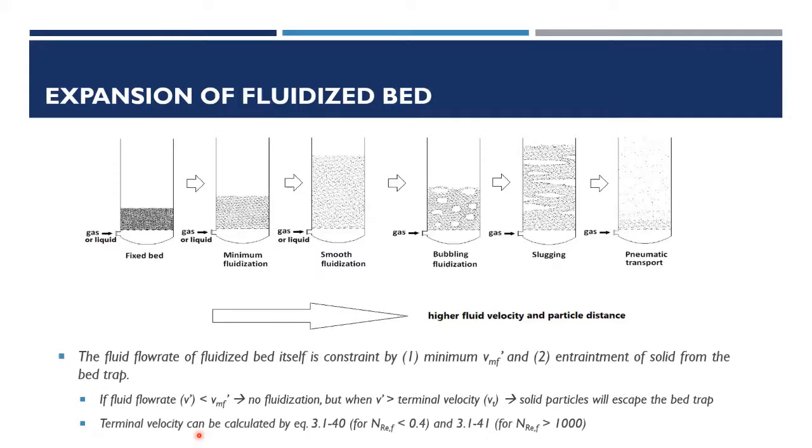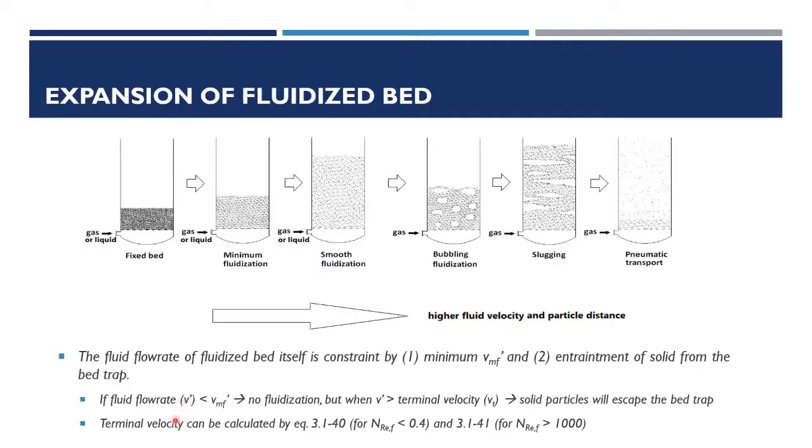Now, the fluid flow rate of the fluidized bed itself is constrained first by the minimum VMF accent, and second by the entrainment of solid from the bed trap. Can you clearly explain, Miss? Let's see. The fluid flow rate of the fluidized bed, we refer to as Vxn.